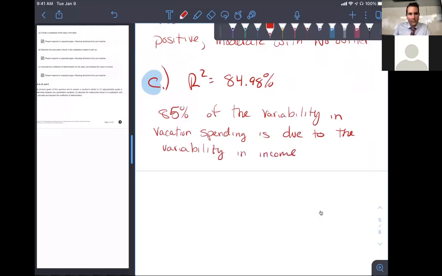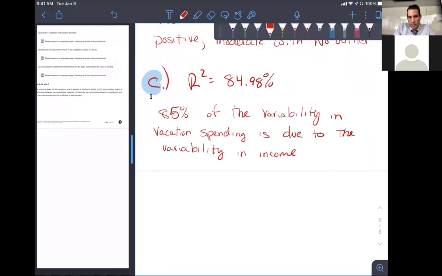What's the difference between variability and variation? Six of one, half dozen of the other. The way they're looking for this answer: the coefficient of determination indicates 85% of the variation in amount spent on vacation can be explained by annual income.